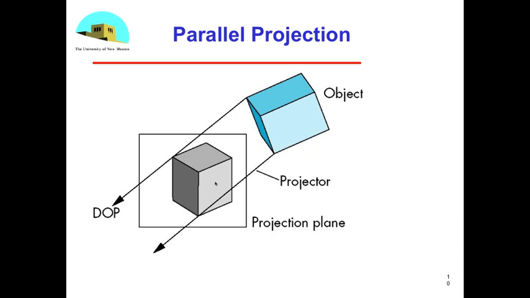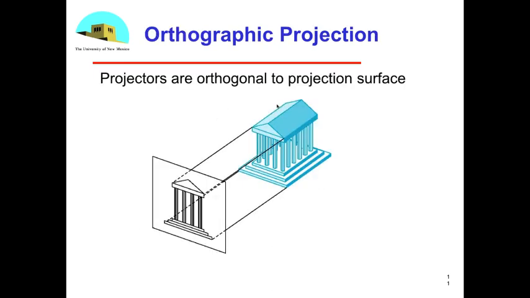But we also still have the flexibility to change the direction of projection, to change the orientation and location of the projection plane, and then place the projection plane and the direction of projection in some way relative to one or more principal faces of the object. At least that's the classical way of looking at it. So now let's look specifically at the parallel projections and start with the most restrictive case, which is the orthographic projection.